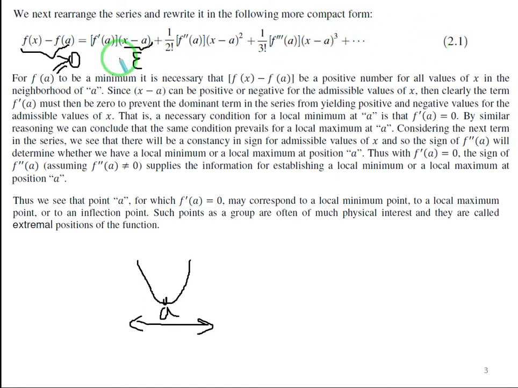If epsilon is small enough, we can say that epsilon is much bigger than epsilon by 2, and epsilon by 2 is much bigger than epsilon by 3.